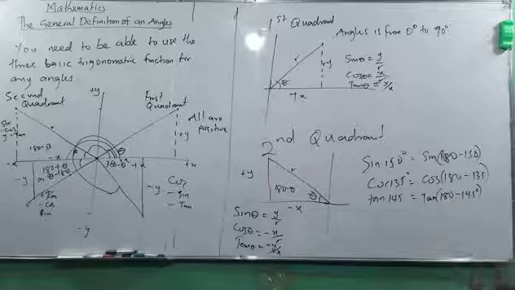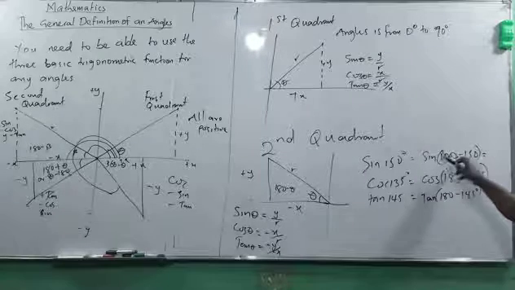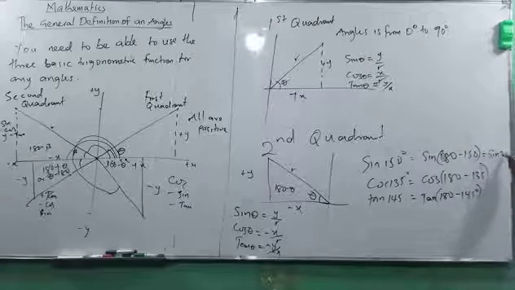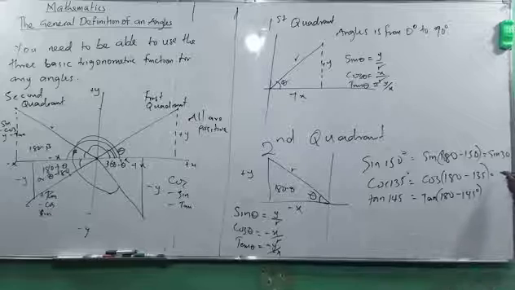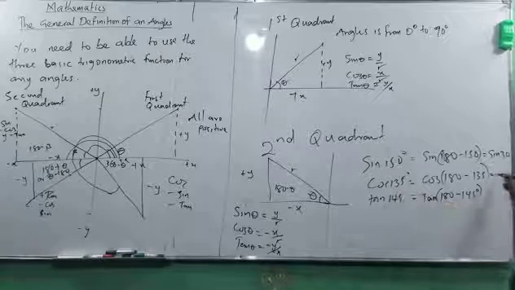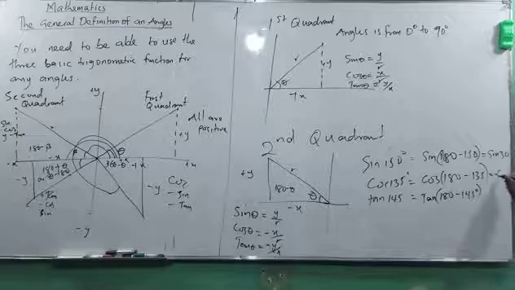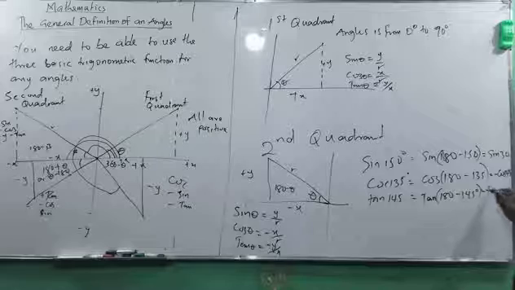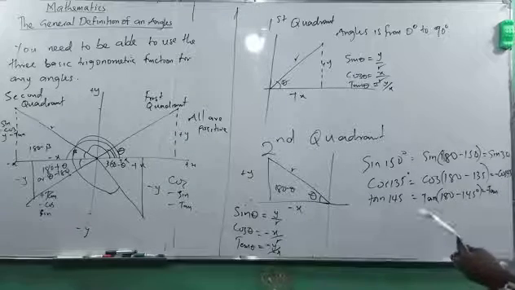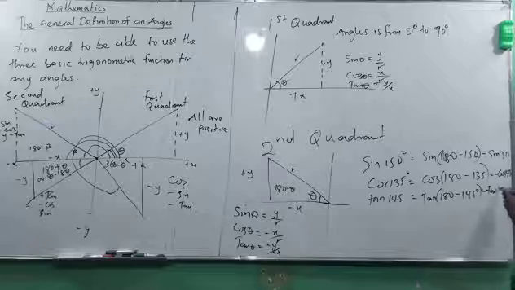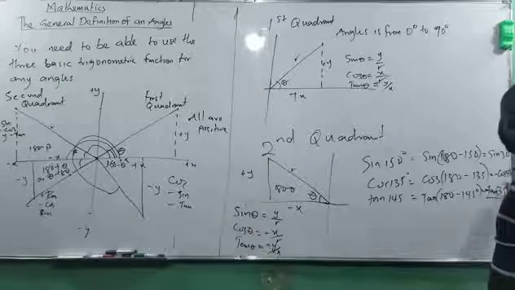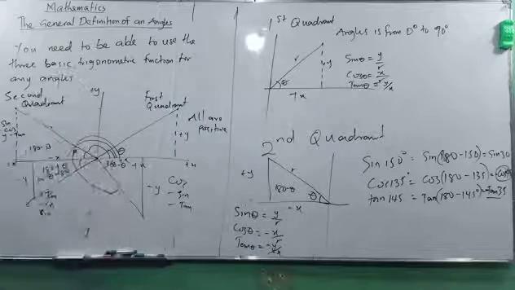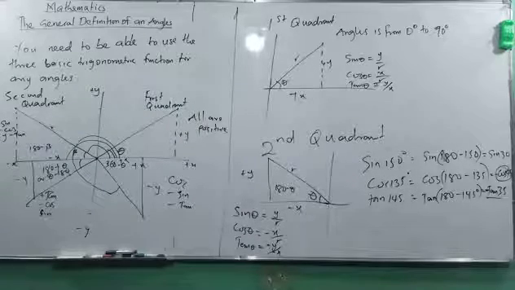Can you see this one will give us sine 30, and here will be minus, because it's second quadrant, minus cos 45, and the last one will be minus tan 35. Can you see these two are minus? Only sine is positive. That is what we are talking about at this junction.